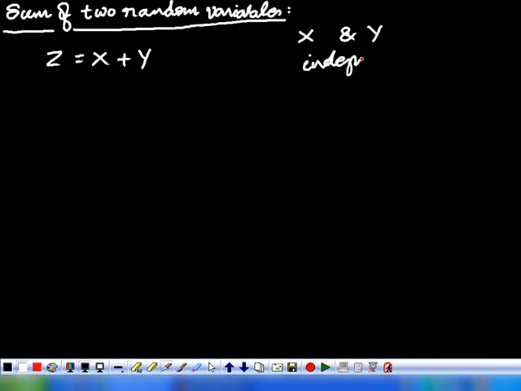So we can say this is the sum of two independent random variables.